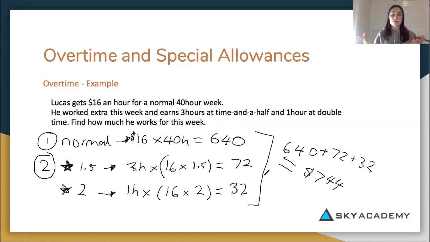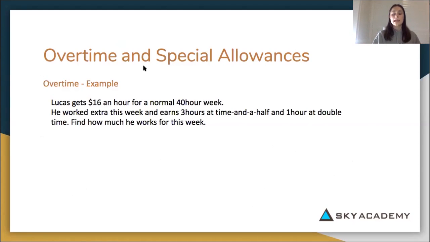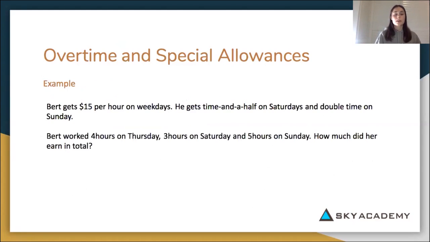So let's have a look at another example. Bert gets $15 per hour on weekdays. He gets time and a half on Saturdays and double time on Sunday. Bert worked 4 hours on Thursday, 3 hours on Saturday, 5 hours on Sunday. How much did he earn in total?